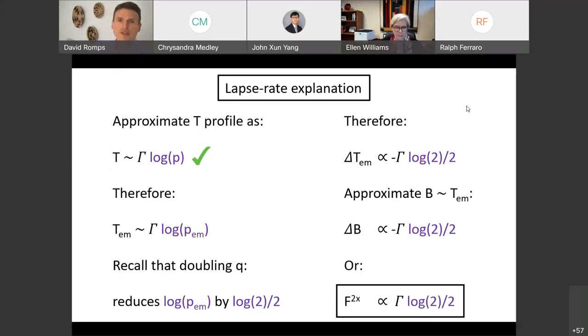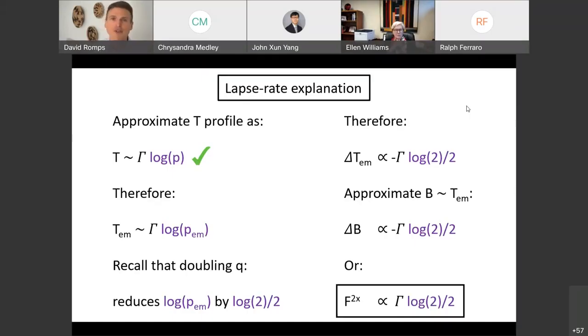So the forcing from a doubling of CO2 is proportional to gamma, that lapse rate, times log of 2 divided by 2. Now, what's important to note here is that the thing on the right-hand side does not depend on the concentration. So no matter what concentration you're beginning with, if you double the concentration, you will get this forcing, the same forcing regardless of your starting point.